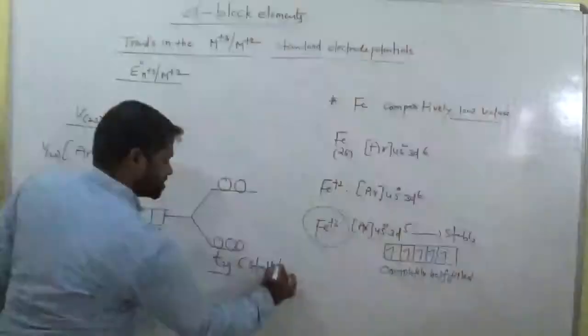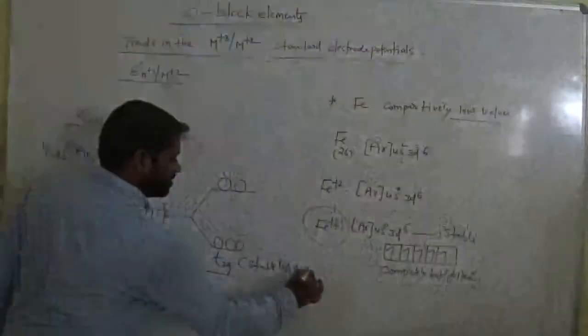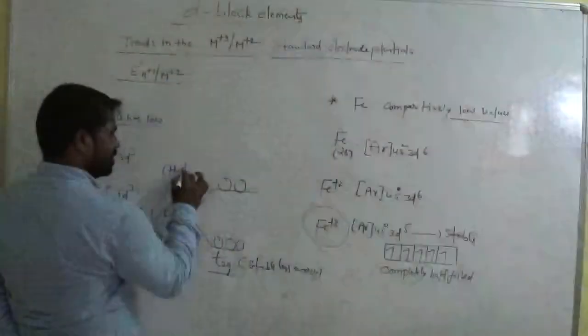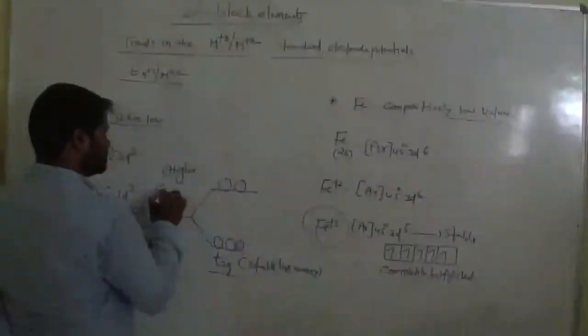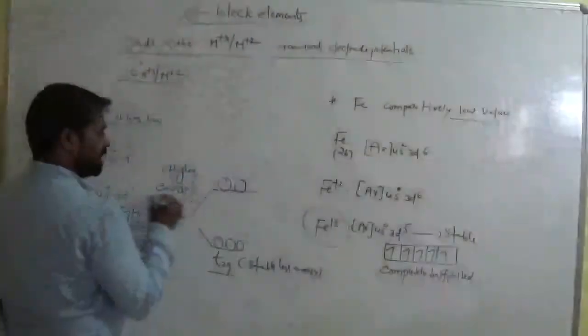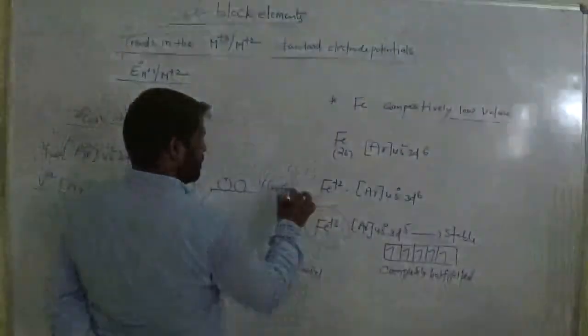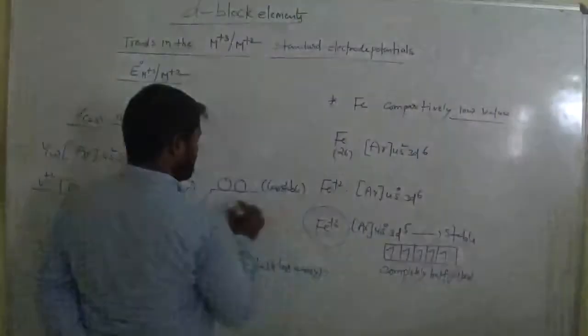Okay, these are more stable and lower energy. These are higher energy and less stable. This is called eg orbitals.